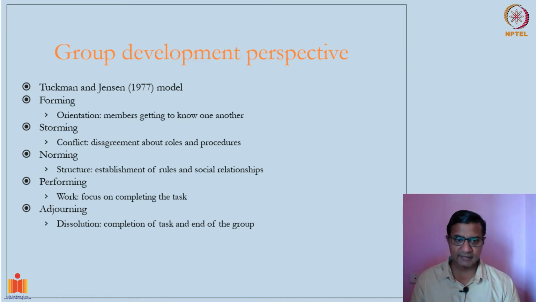Written rules are already there, but unwritten rules are norms, which means what is correct and what is not correct, what is allowed, what is not allowed, how people should be treated in the team, and in what ways deviant behavior in the group should be handled. So these are some of the unwritten rules in the team.